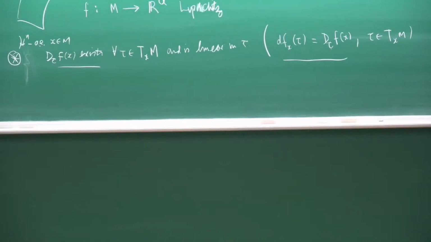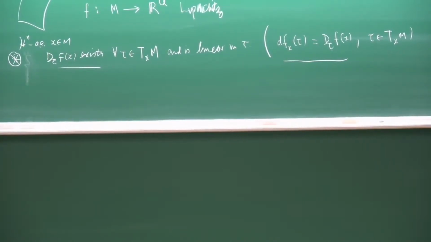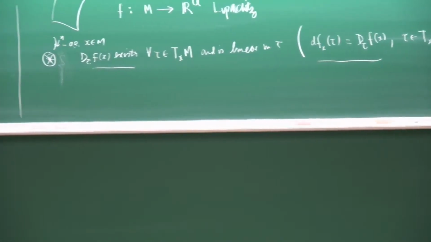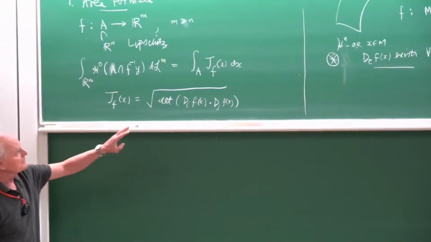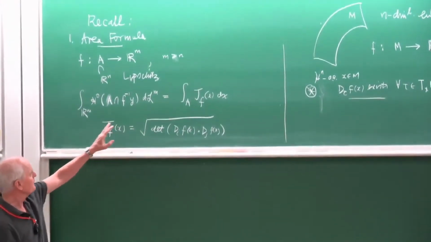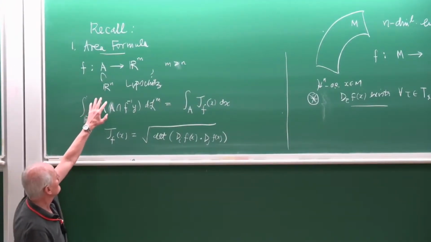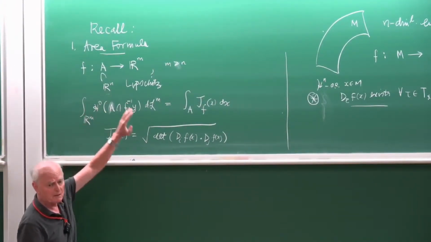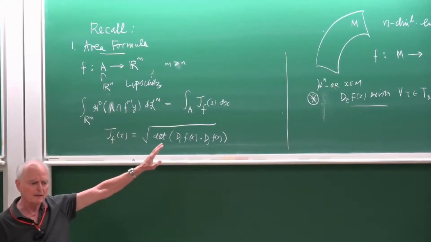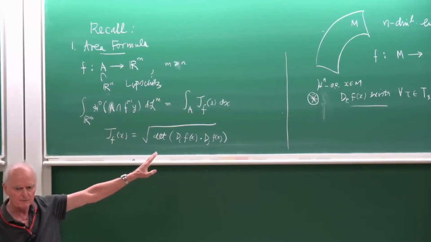And let's go a little bit further now. The first thing is that I claim there's an area formula that looks just like this one that's valid when you're working on a manifold. Notice this one was for when we were working in Rn. I claim that there's this almost identical formula that works on a manifold.